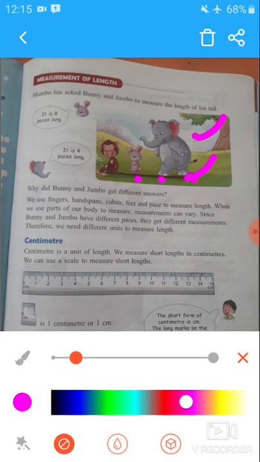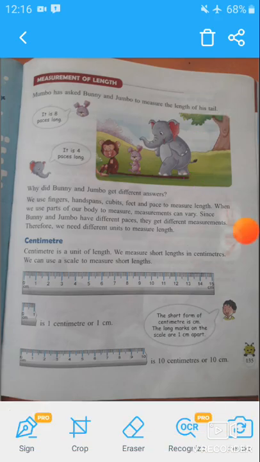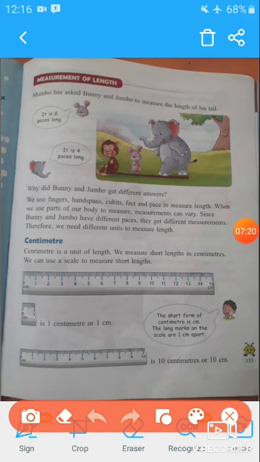If we use our body parts to measure anything, the measurement will be different. So the unit of length is centimeter.